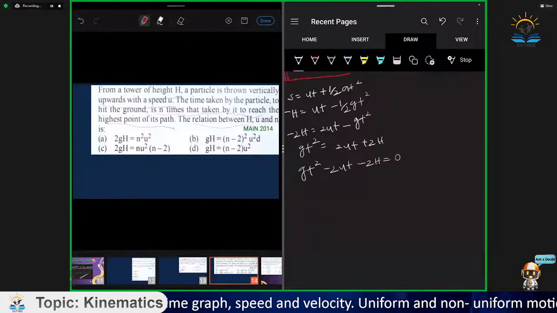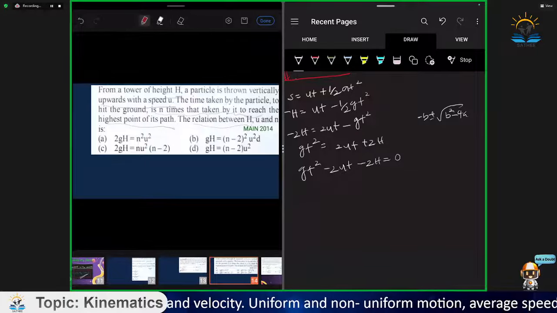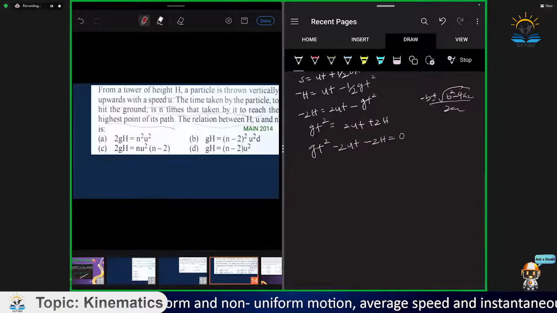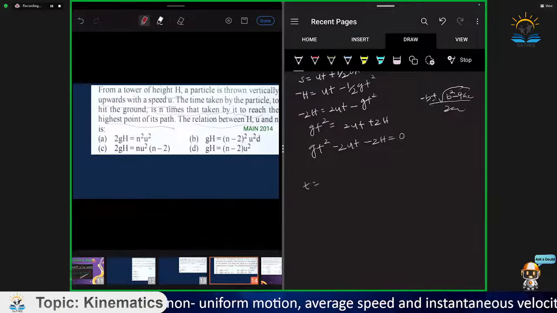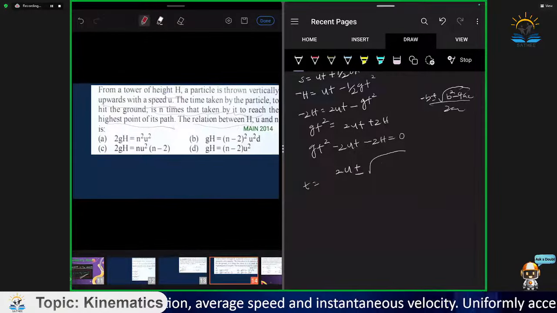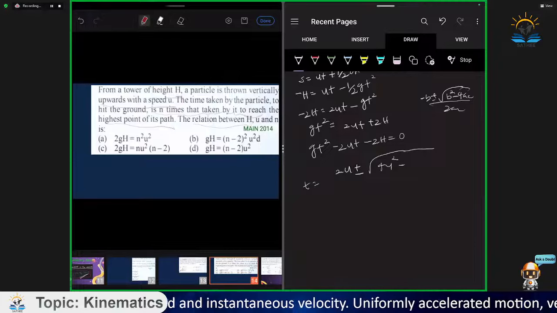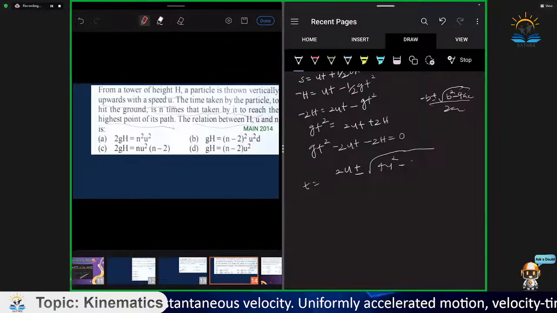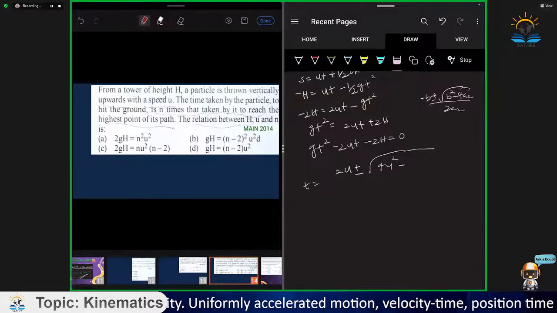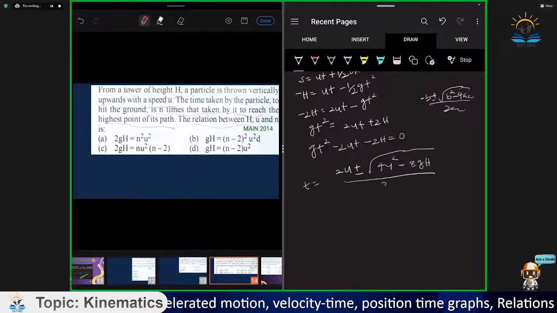So minus b plus or minus root of b square minus 4ac by 2a. Using this formula, we'll get time t equal to 2u plus or minus root of 4u square plus 8gh, divided by 2 into a, 2g. Easy.